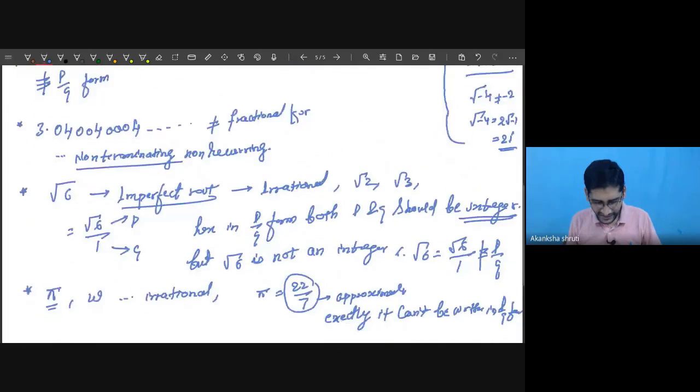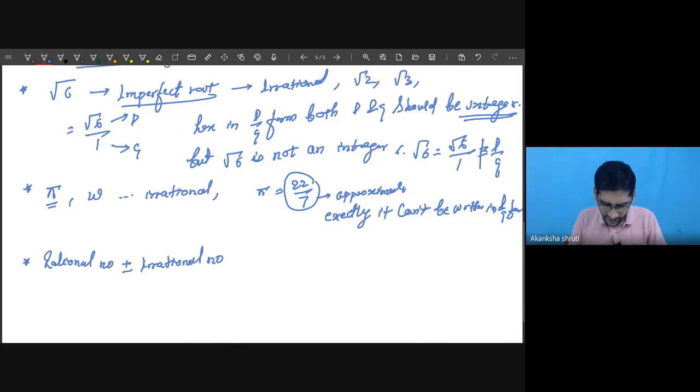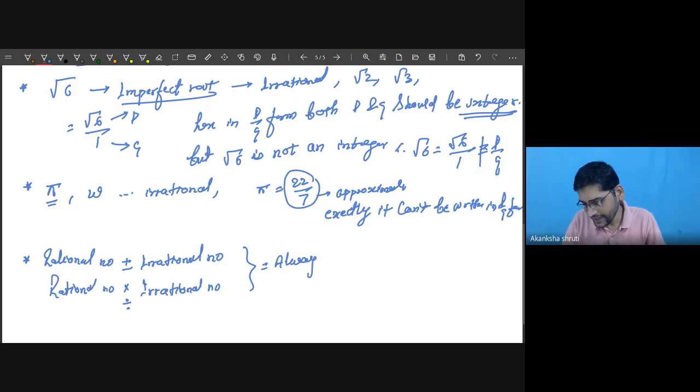Another thing regarding irrational numbers is that if any rational number is added to or subtracted from any irrational number, or if any rational number is multiplied or divided by any irrational number, then the result is always which kind of number?